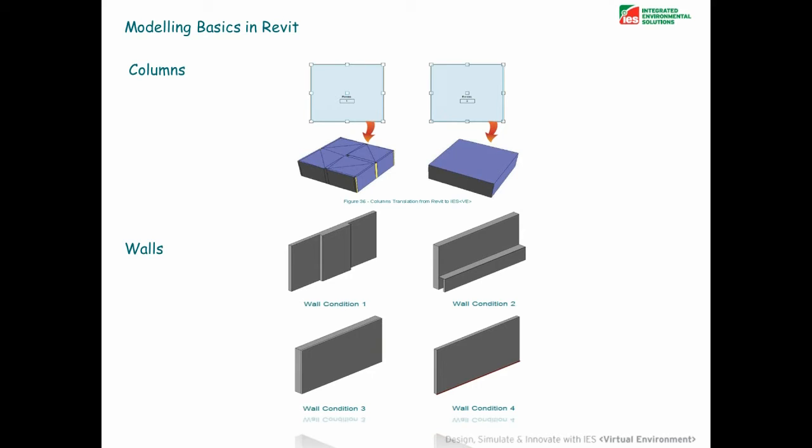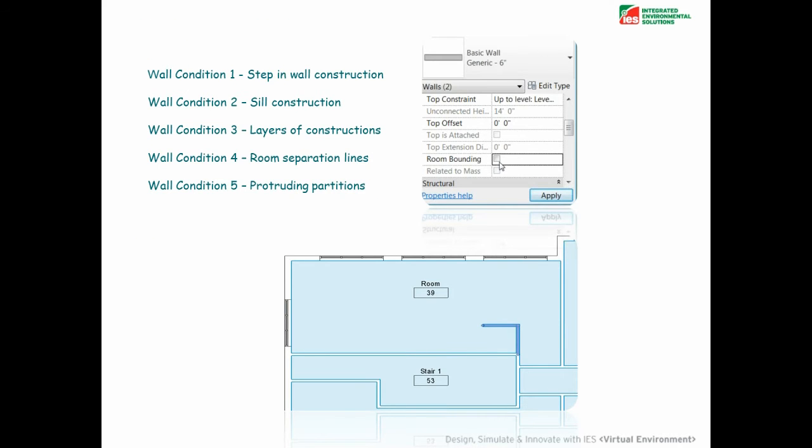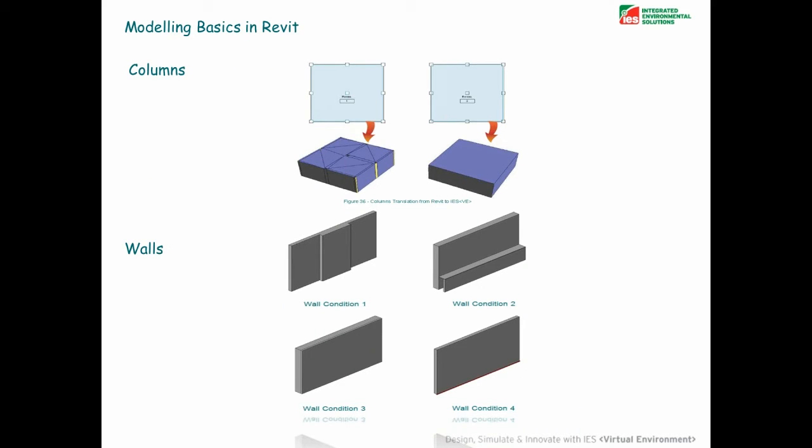But the main key point to look at when you're looking at these room conditions is to have one primary element that is a room bounding object. So whether that be for your walls that create a room, or the floor and the ceiling. So you just have one primary element creating the room bounding.